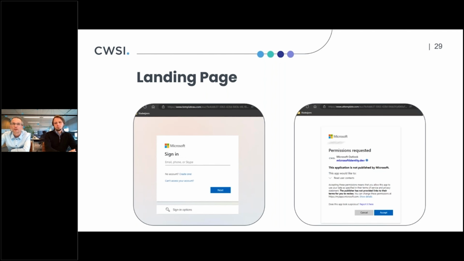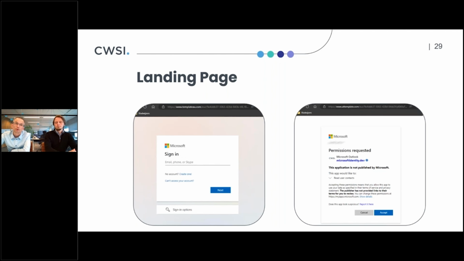On the right side of the slide, you can see the OAuth consent grant page. And at this stage, the end user is asked to provide certain permissions for this application called Microsoft Outlook, which looks quite realistic. And for this, it's only required for the end user to click on accept.